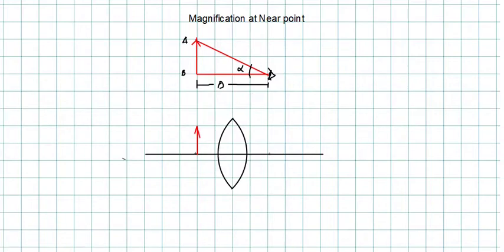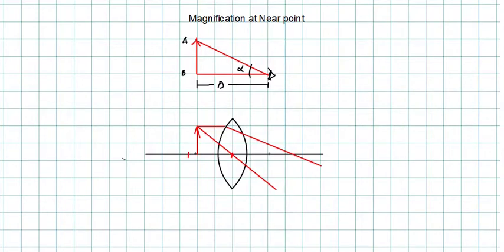To see it in magnified form, it must be between the focus and the optical center of the lens, because then it will form a virtual, enlarged image. Imagine the first ray, parallel to the principal axis, originating from AB. After refraction, it will pass through the focus, and there is another ray which goes through the optical center.